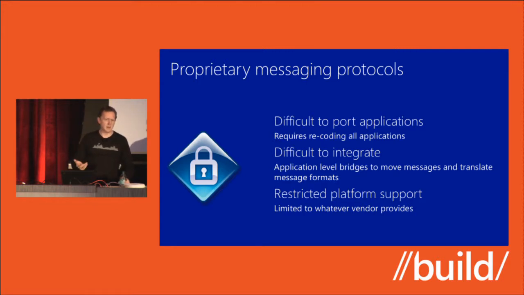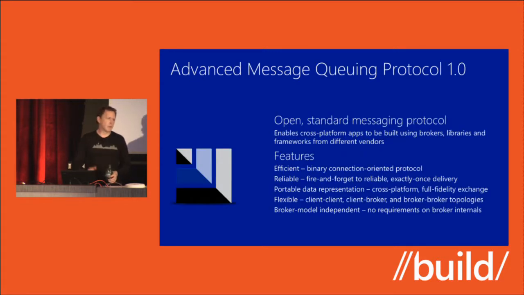Microsoft, along with a bunch of other companies, have been working on this problem for quite a few years, and we've been working on this thing called the Advanced Message Queuing Protocol, AMQP. Now, AMQP is an open standard messaging protocol, and it does exactly what I was saying. It enables you to build cross-platform applications using best-of-breed components from different vendors.